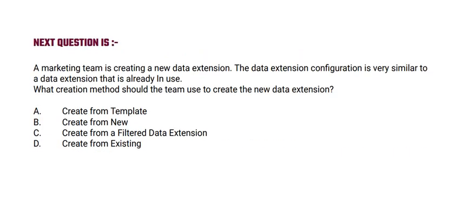Next question is: a marketing team is creating a new data extension. The data extension configuration is very similar to a data extension that is already in use. What creation method should the team use to create the new data extension?